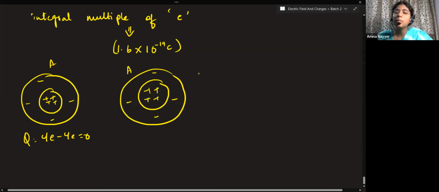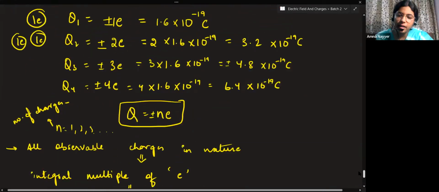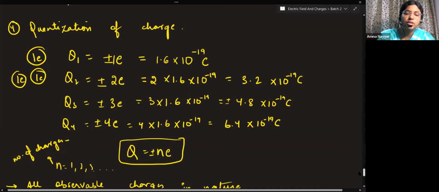What is the minimum amount of electron possible to add into it? 1. Below 1, nothing is possible. More than 1 will be next number 2, then 3. Only in this manner I'll be able to add electrons. Is there any way possible apart from this? No, it is not possible.